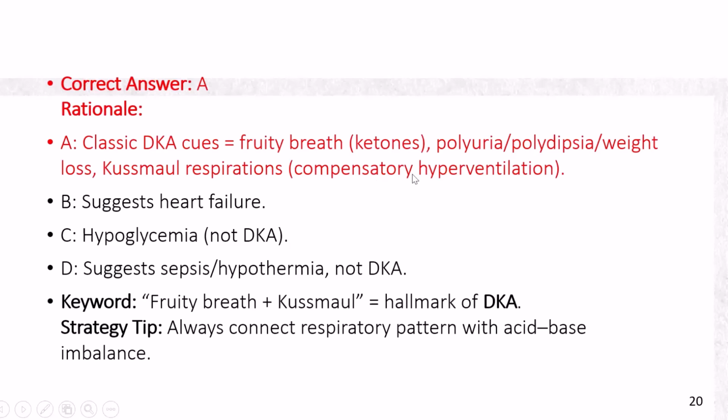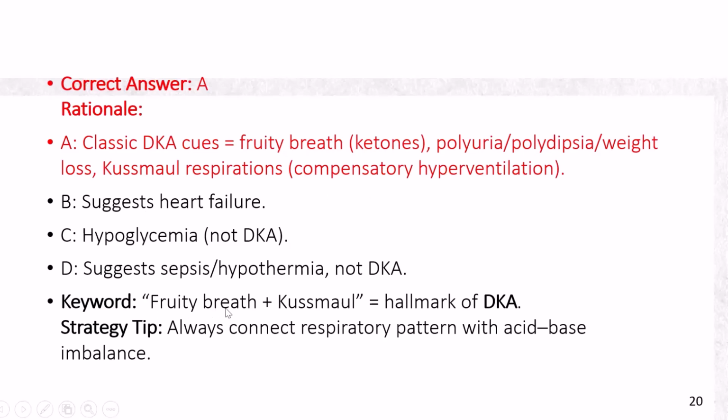It is a kind of hyperventilation, compensatory hyperventilation. Fruity breath is a result of the ketones accumulating. Then there's polyuria, the client is urinating a lot, drinking a lot, polydipsia, and losing weight, okay? So this is classic.